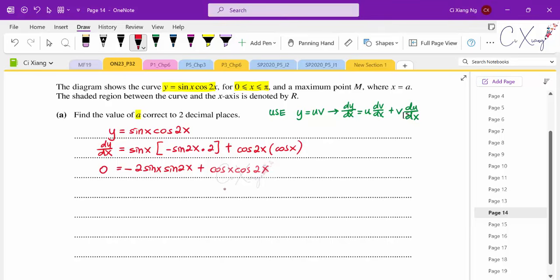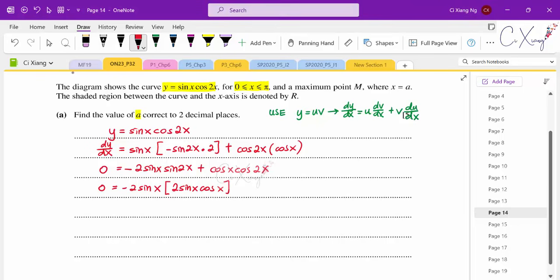So we need to try and see, is there anything I can factorize out from this equation so that I can continue to solve it? Okay, so if I want to try and factorize out something, maybe I need to expand the double angle. So can you see the double angle at this part and also this part, right? So I will want to expand the double angle. Expand sine 2x, I will have 2 sine x cos x.